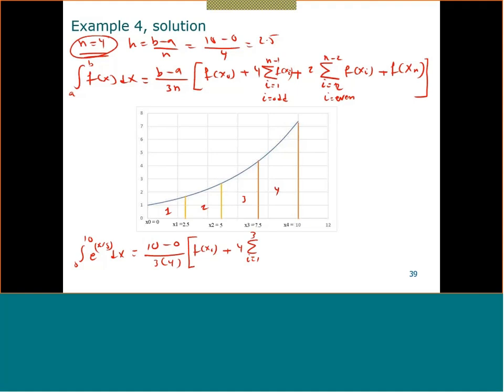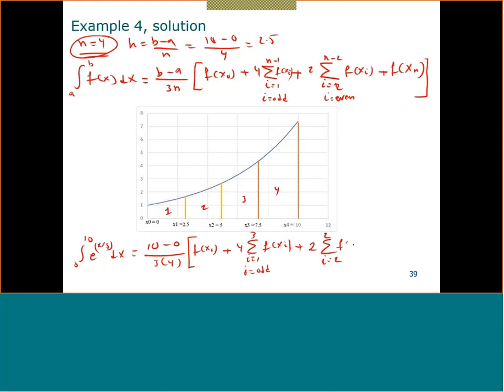Here we have two terms: i equal to 1 and i equal to 3, because i in this summation is an odd number. Then we have plus 2 times f of x i, where i goes from 2 to 4 minus 2, which is 2.